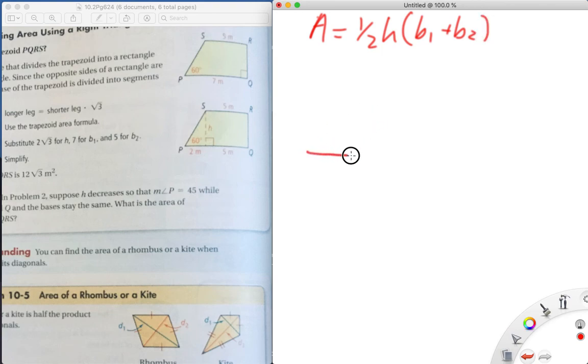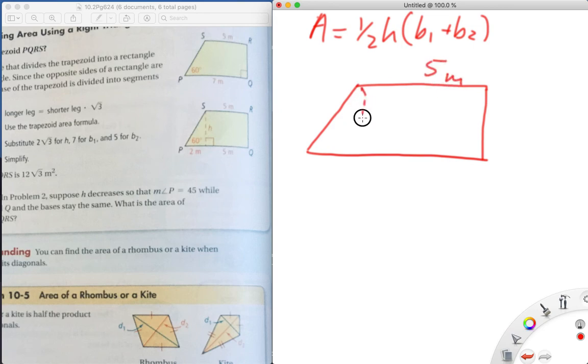So we have this trapezoid, and they're in meters. This is 2, and this is 5.